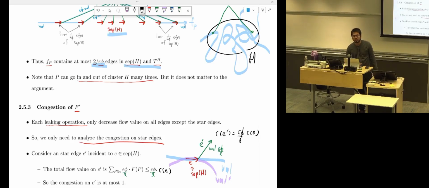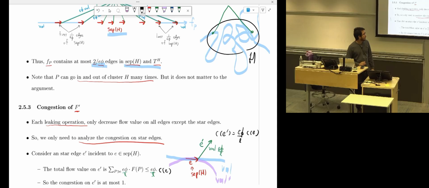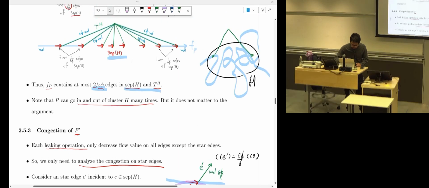Where does the L come in here? Because I thought we were just routing epsilon of the flow earlier. Good point.